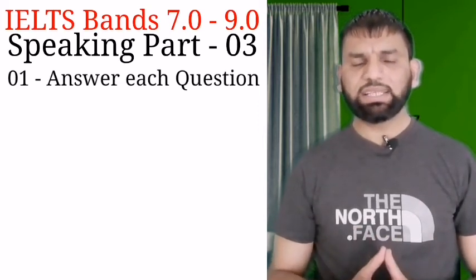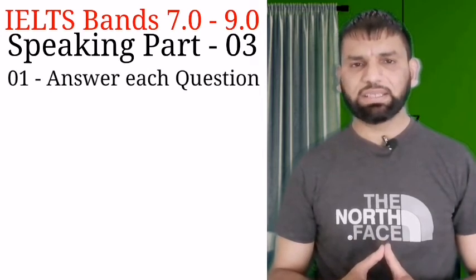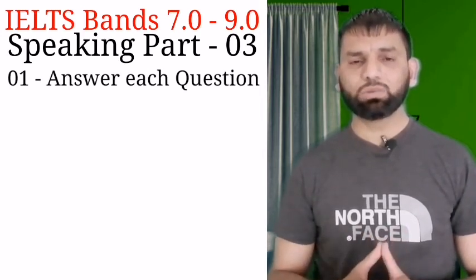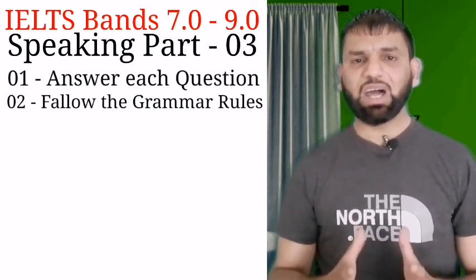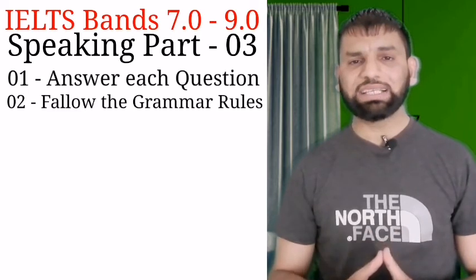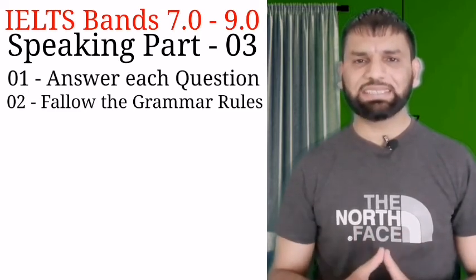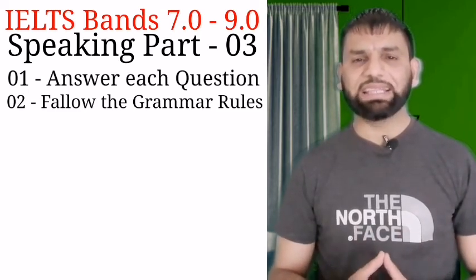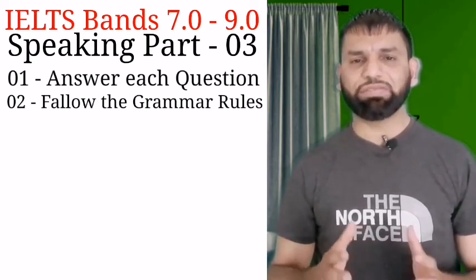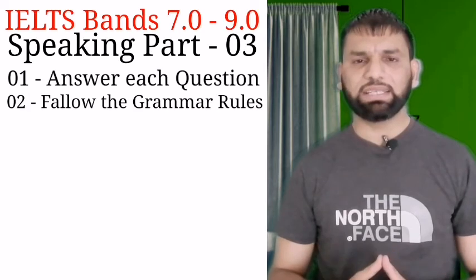The students who take 7 to 9 bands in part 3 follow the grammar rules. They have knowledge of tenses. They know compound and complex sentences, and they can speak very fluently and in a friendly way before the examiner.